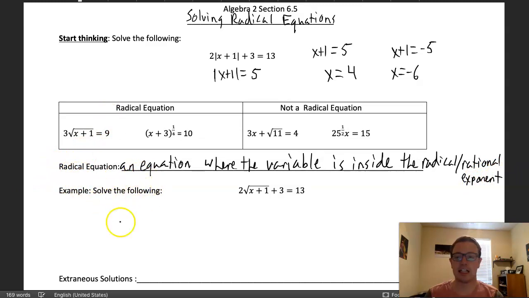So keep that in mind. If your variable is inside of a square root, instead of a cubed root, or inside of a fractional exponent, that's when we will be using this.